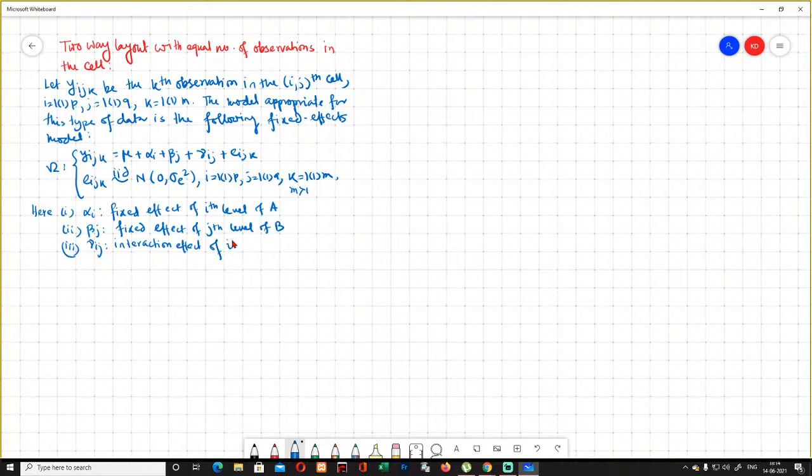Interaction effect of ith level of A and jth level of B.